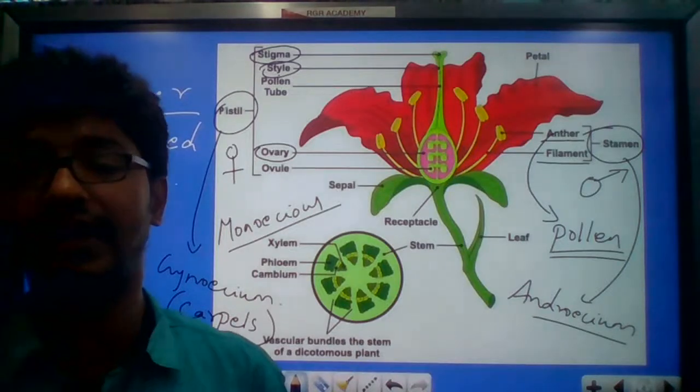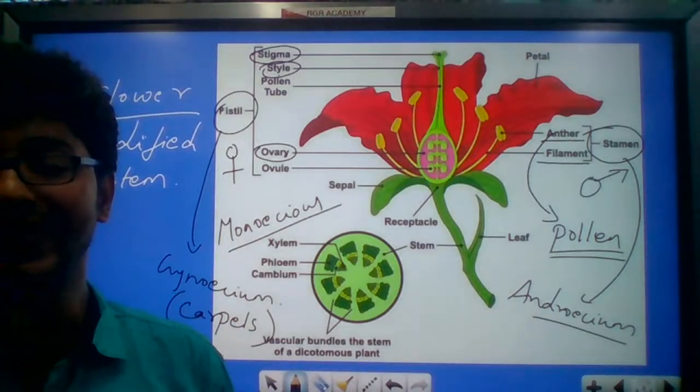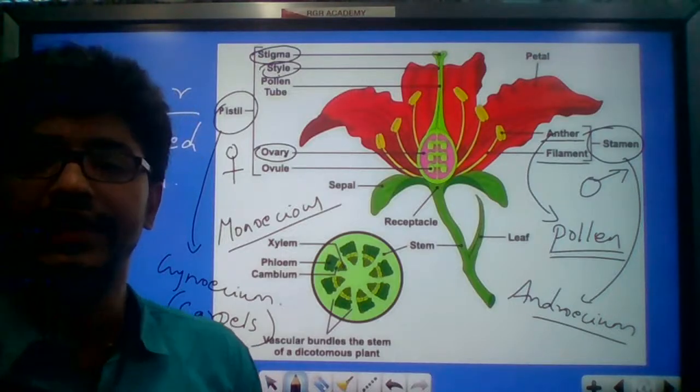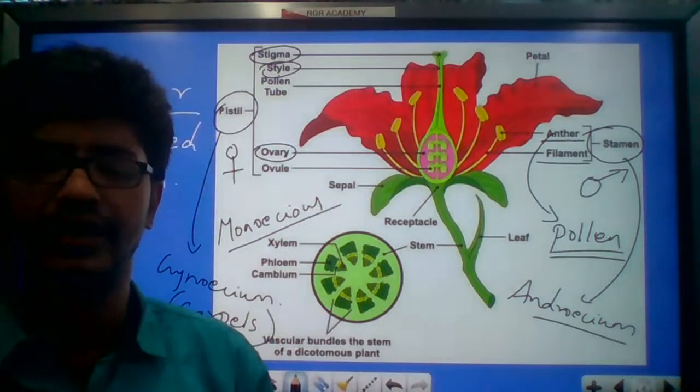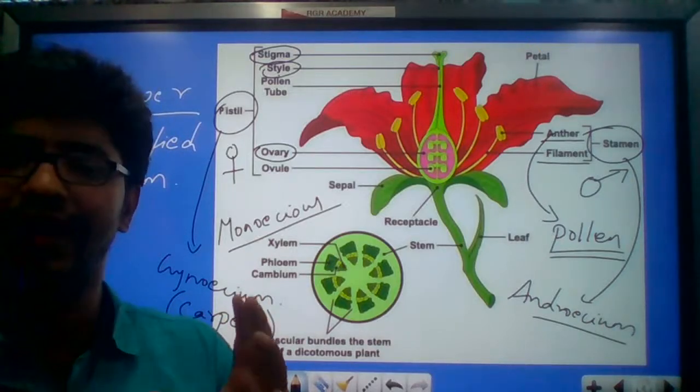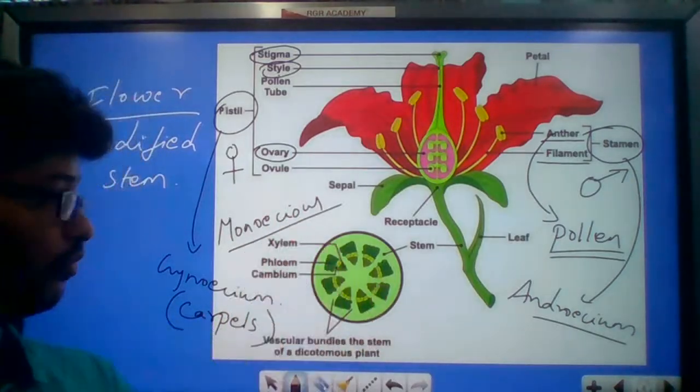Usually we classify flowers into complete flowers and incomplete flowers. What do you mean by complete and incomplete flowers? A flower which has all four whorls is a complete flower. What are the four whorls?